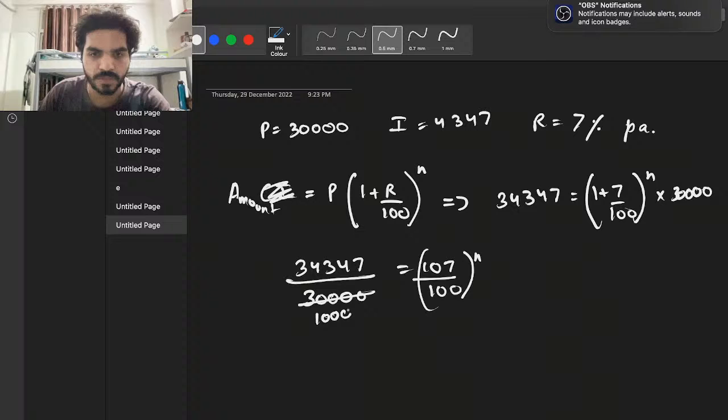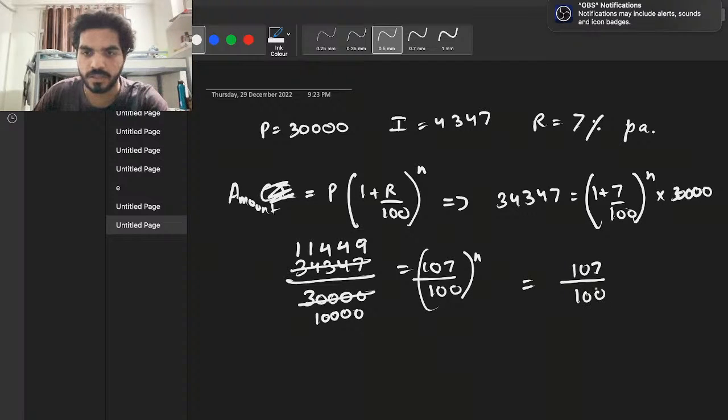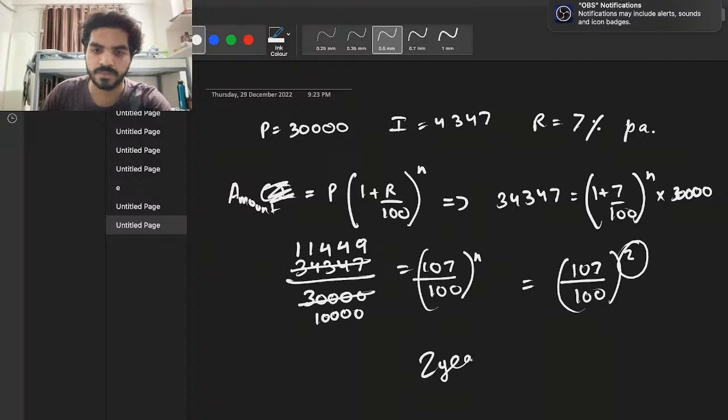This will become 10,000 and this will become 11449. We are all aware that is the square of 107. If someone wants to know the tricks for squares, you can put it in the comments or the live chat. So 11449 is 107 upon 100 whole square. The time period will be 2 years.